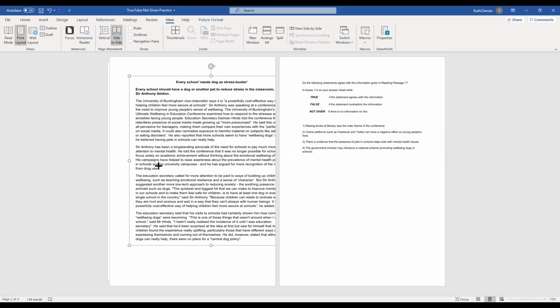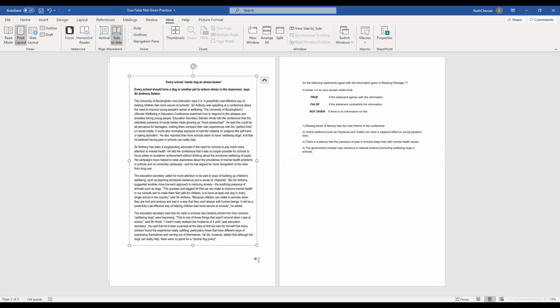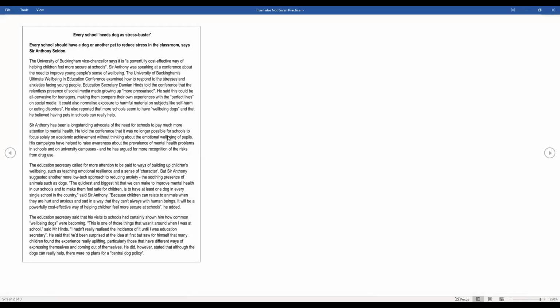Every school needs a dog as a stress buster. Skim through this passage, please. I'll time you for 2 minutes. While you're skimming, make a note of anything important that you feel is important.